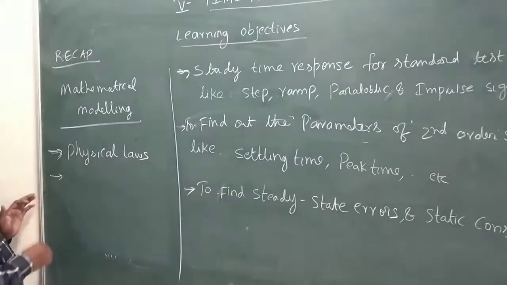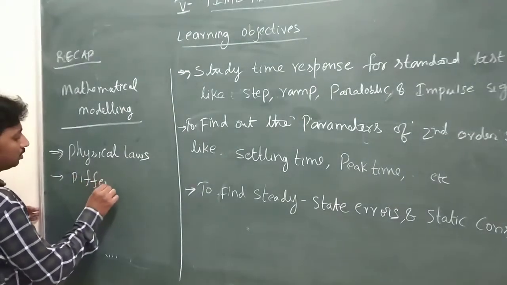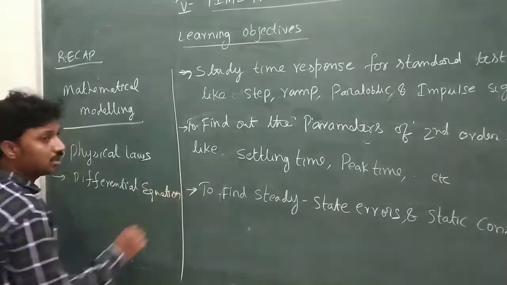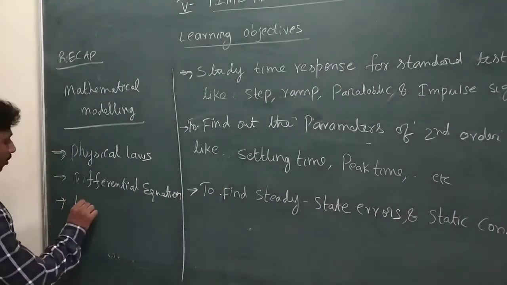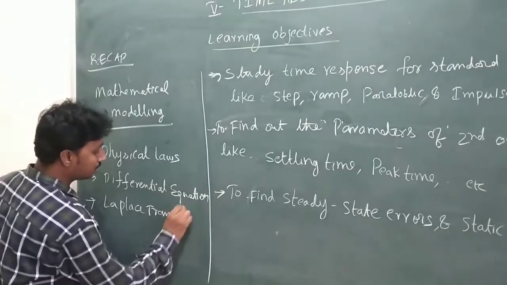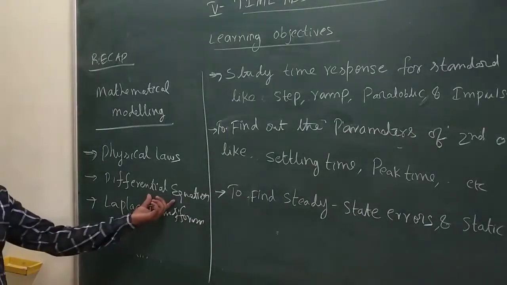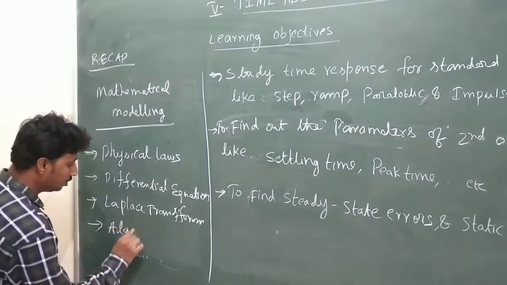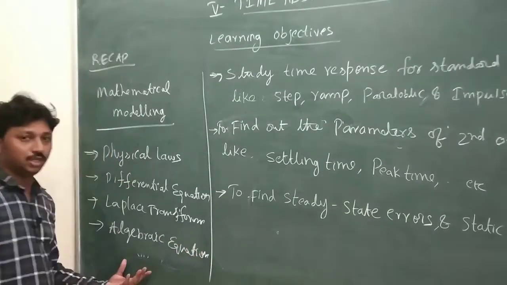After applying the physical laws, the second step is that you will get a differential equation. After you get the differential equation, you apply the Laplace transform to it, and you will get an algebraic equation.